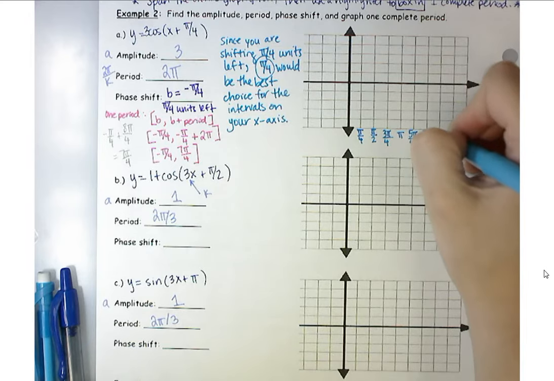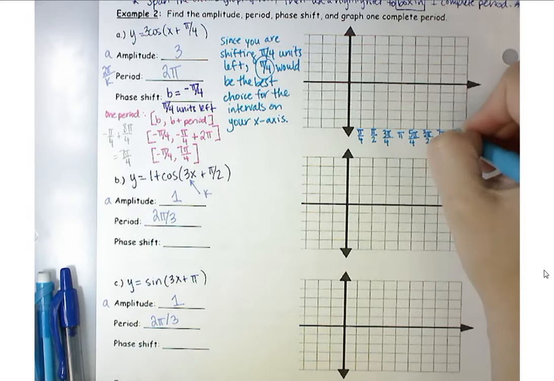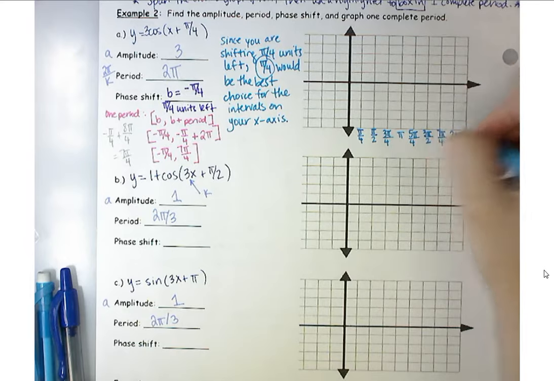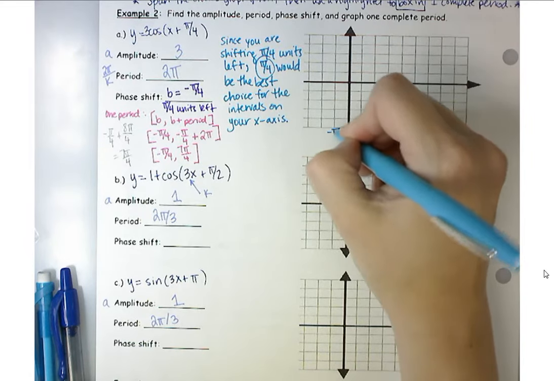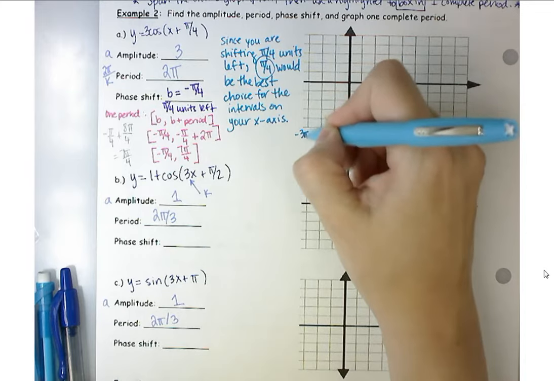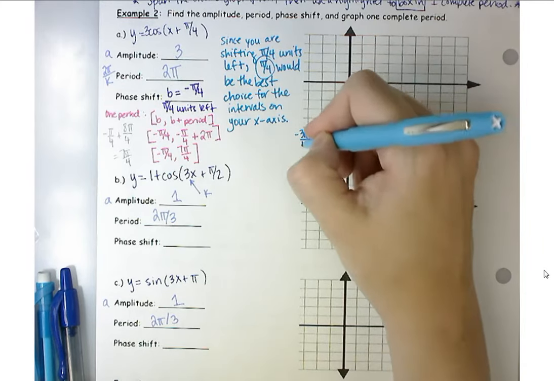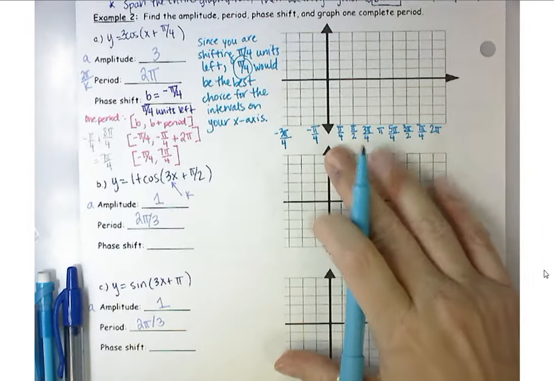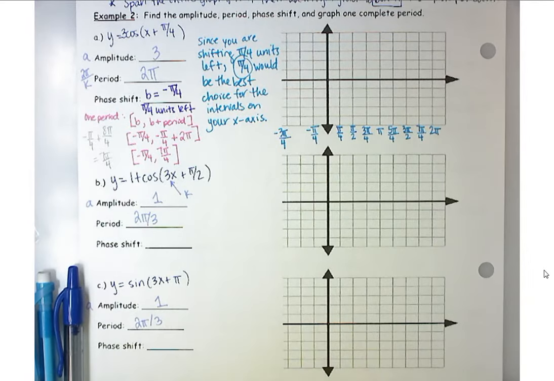Then I have 7 pi over 4, and then 8 pi over 4, which is 2 pi. And here I have negative pi over 4, negative pi over 2, negative 3 pi over 4. Like I said, you can just label every other one. I just wanted to show you how we're counting to get all of those intervals.